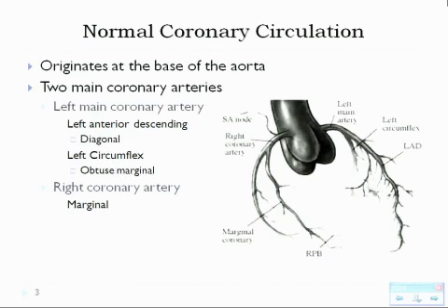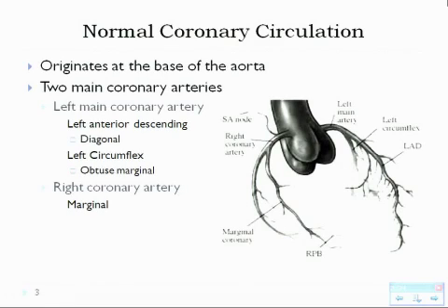The left main divides into two major arteries, the left anterior descending and the left circumflex. The left anterior descending gives off the diagonal branches, which are called D1, D2, depending on the location, and the left circumflex has what's called the obtuse marginal; some books will just call them the marginal arteries that branch off it.